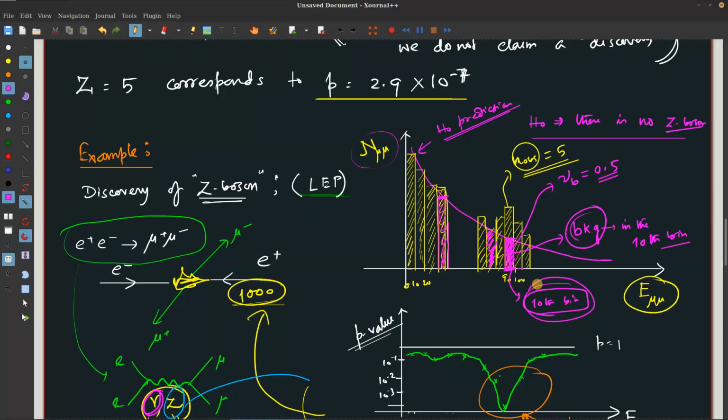But suppose I want to remove such bias, not in a very technical sense, but in the literal sense, that I want to close my eyes. I want to analyze all these bins, and I want to have a measure of the global compatibility of the observed data in all these bins with the expected background.